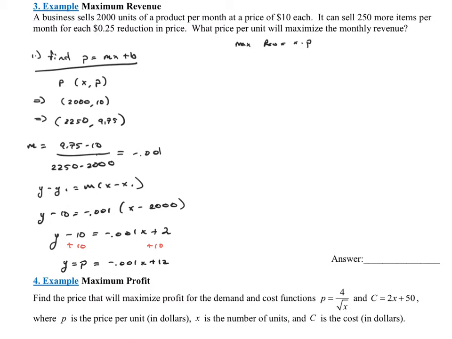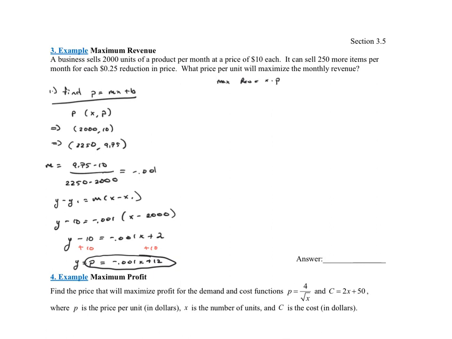So that's my price demand function. Again, the way that I found my price demand function is by creating two points with the x value being the quantity and the y value being the price. I was able to find the price demand function.